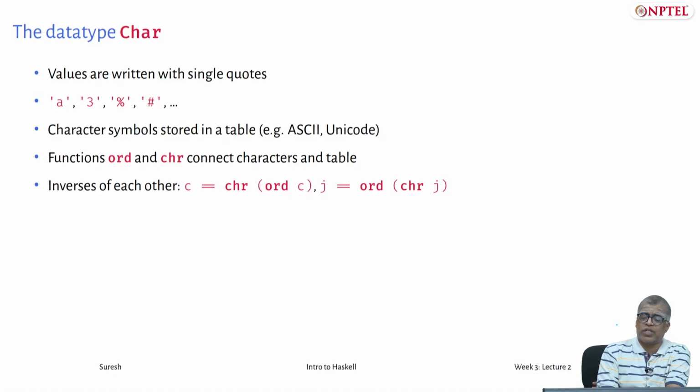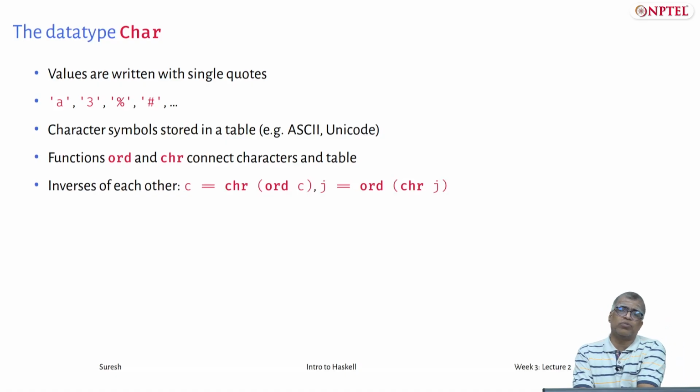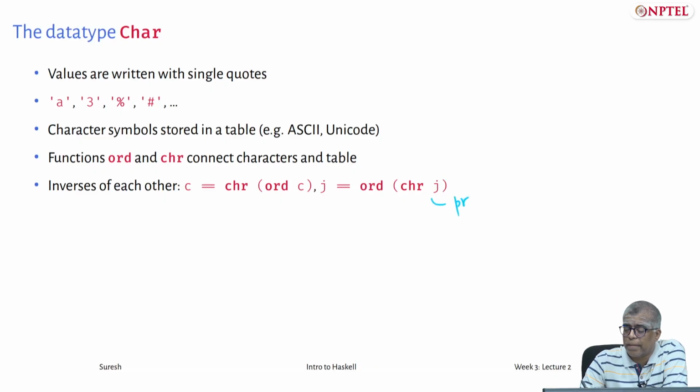And they are inverses of each other. C is always equal to CHR of ORD of C, and J is equal to ORD of CHR of J, provided J is an index in the character table.